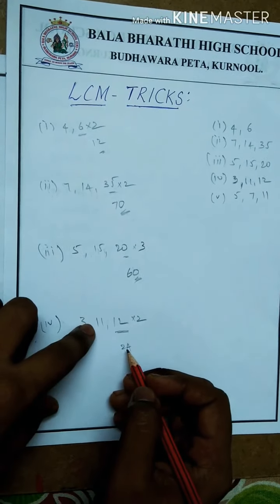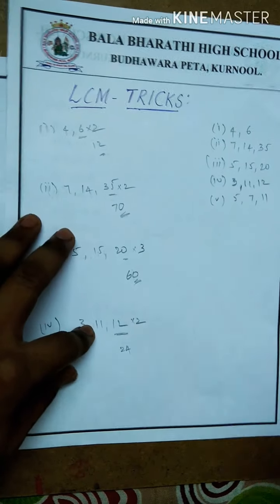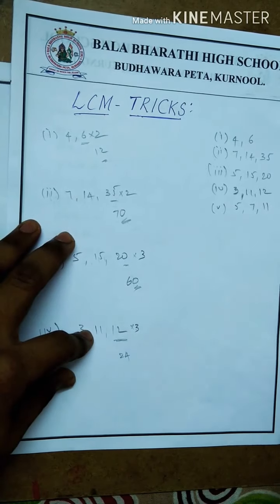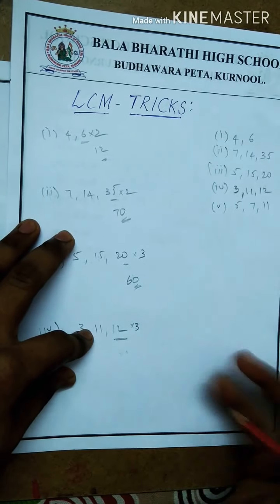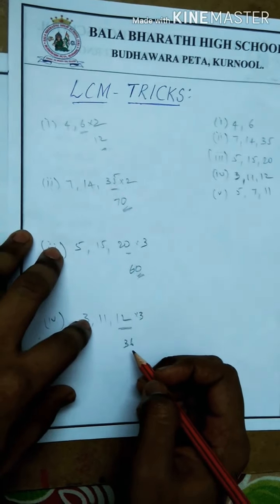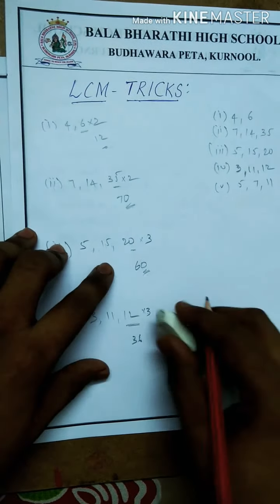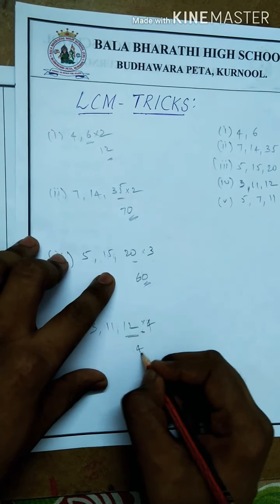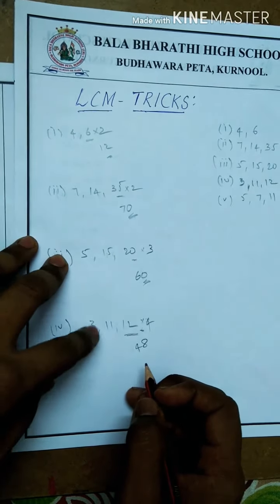Can 24 be divided by 11? No. So what we'll do? Again we'll take 3. 12 3s are 36. Can this 36 be divided by 11? No. Here again if we take 4, 12 4s are 48.